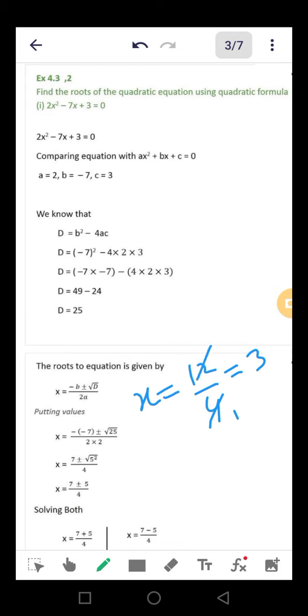And x is equal to 7 minus 5 is 2 by 4, that is 1 by 2. Okay, so this is the way we can find the roots of any quadratic equation.